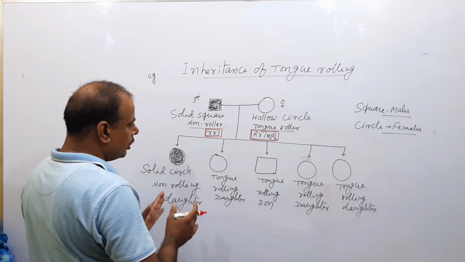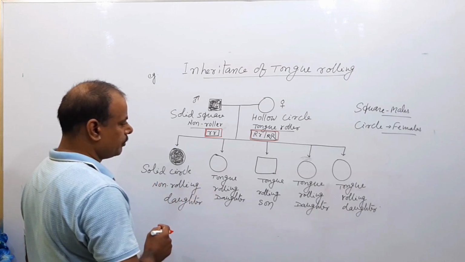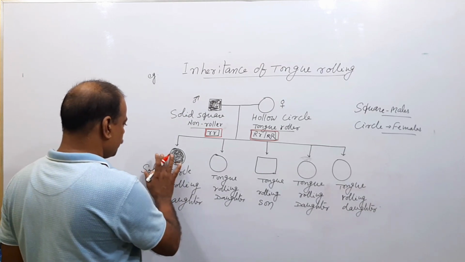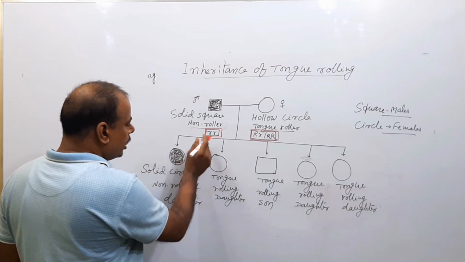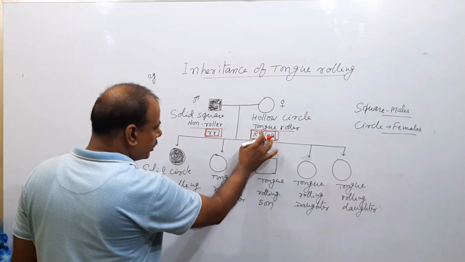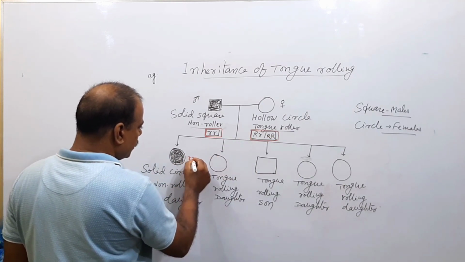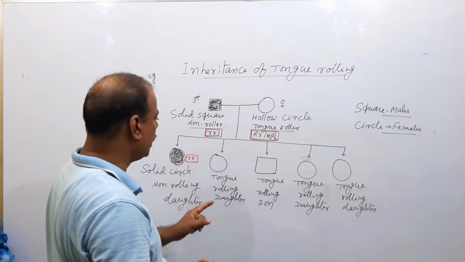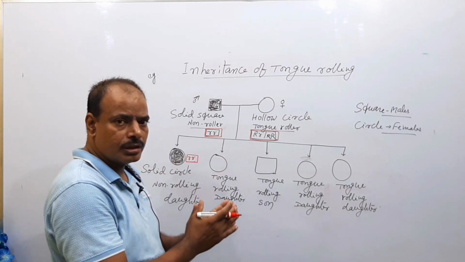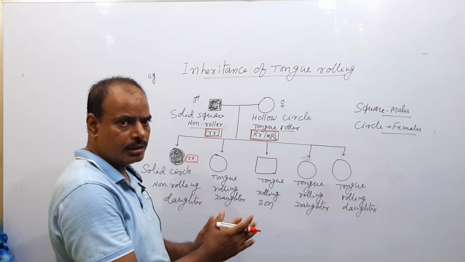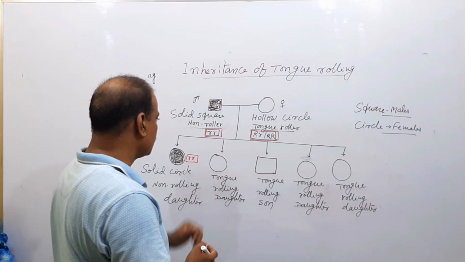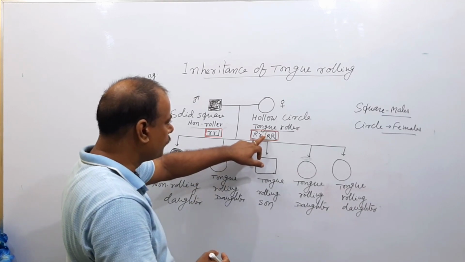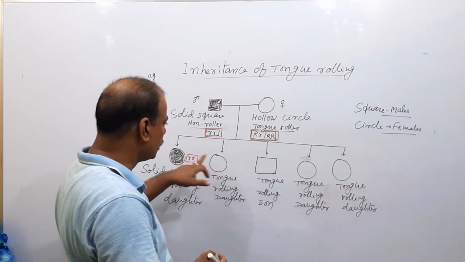Now when we study this pedigree chart, means family chart, then we can say in the first one, which is non-rolling, small r, and from here small r comes. So the parents must have small r, means the subordinate allele, in their cells. So from father small r comes, and again from mother small r comes.